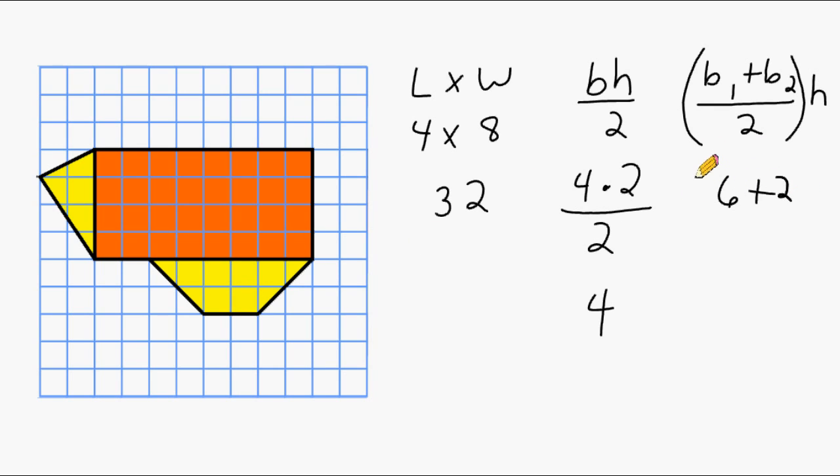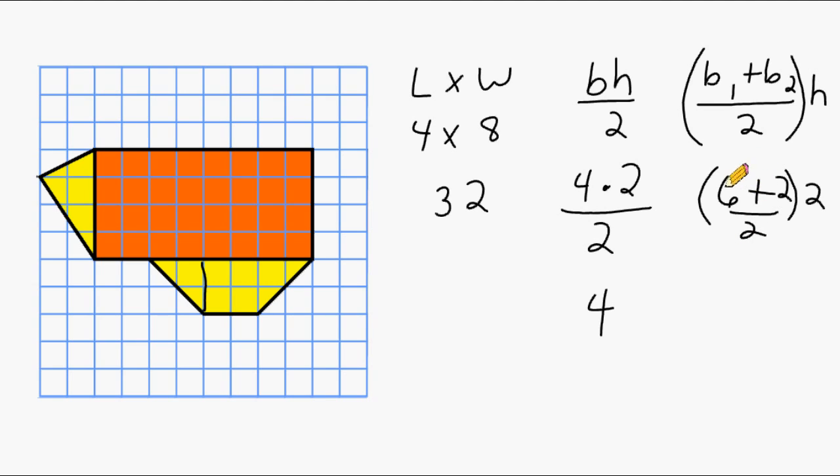Then we take that total and divide it by 2. After that, we multiply it by the height of the trapezoid, and the height is determined by the distance between the two parallel lines. If we measure this line segment, it has a distance of 2. So let's substitute the height with a value of 2.